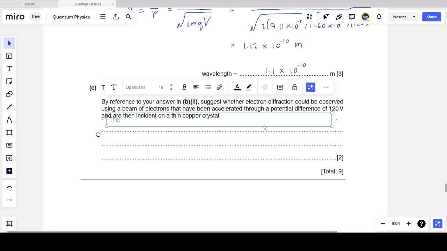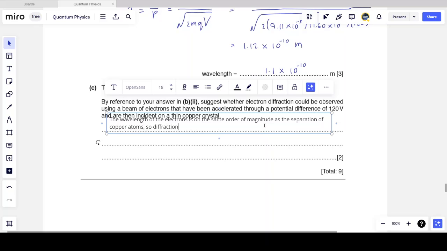And so I can say that the wavelength of the beam of electrons is on the same order of magnitude, so roughly the same size, as the separation of copper atoms, and so diffraction will be observed.